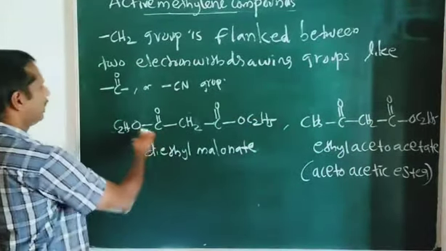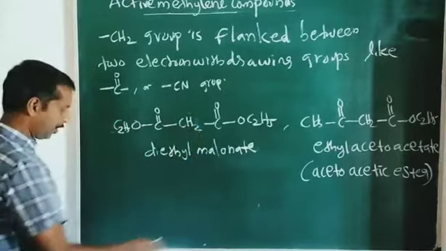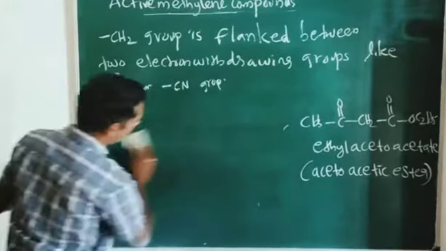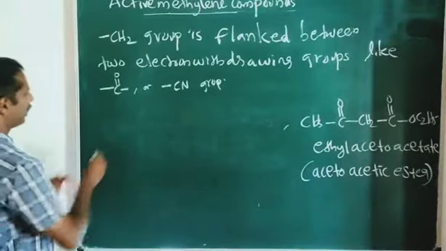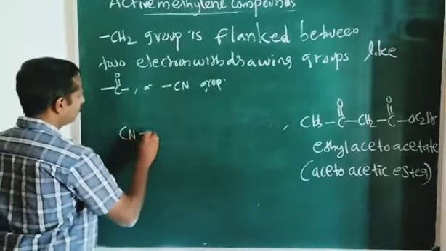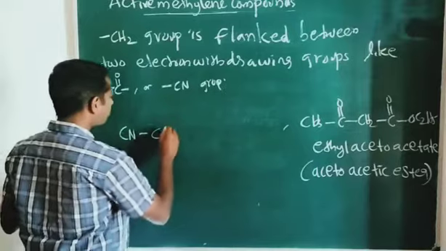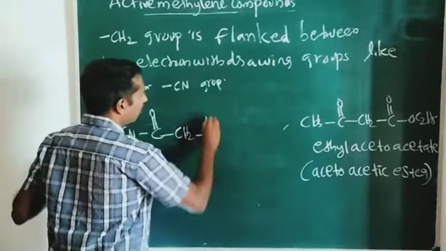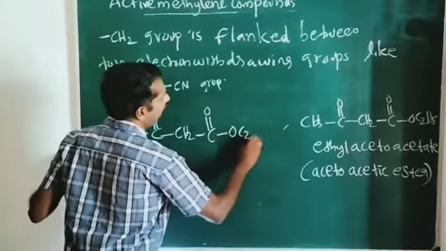One example is diethyl malonate. Another, third example for an active methylene compound: CN, CH2, CO, OC2H5.